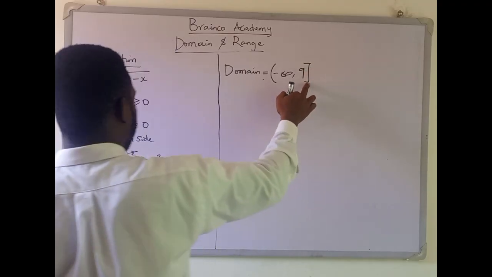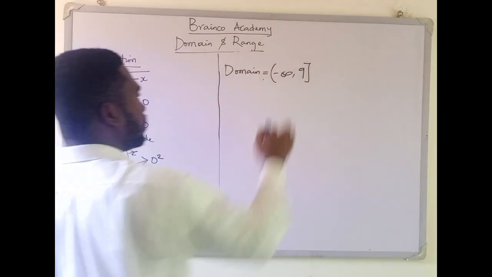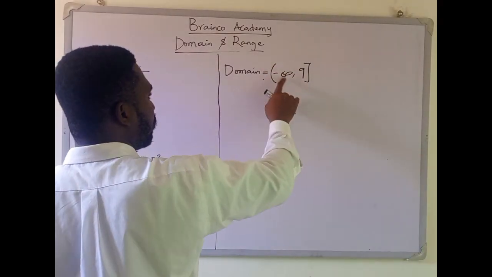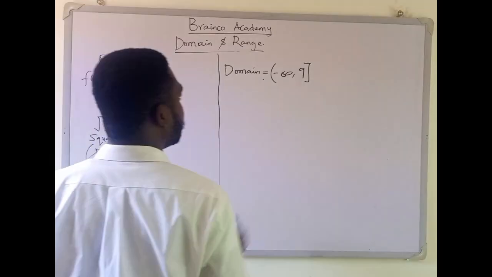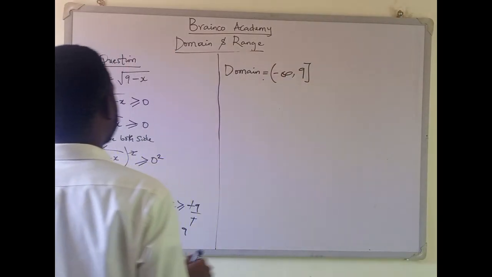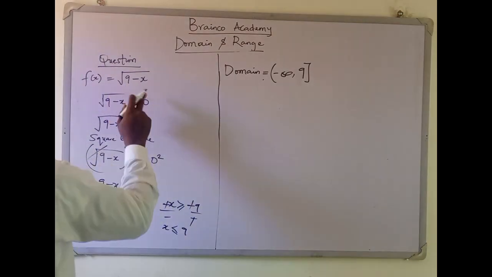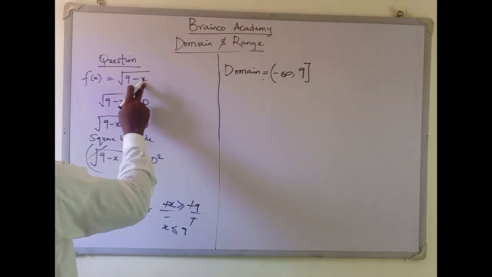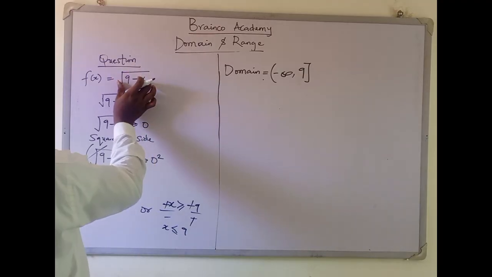The reason we use the closed bracket at 9 is because of the greater than or equal to, and we use the open interval for infinity. What do I mean by this? If you put 9 here, you have 9 minus 9, which is 0, and the square root of 0 is 0, which means this function is defined.